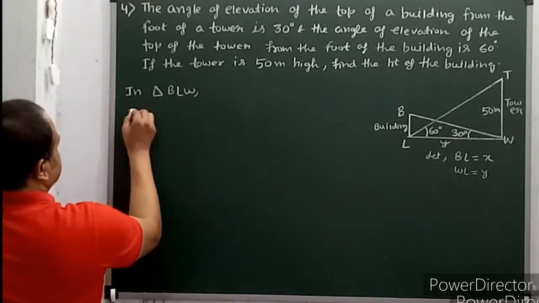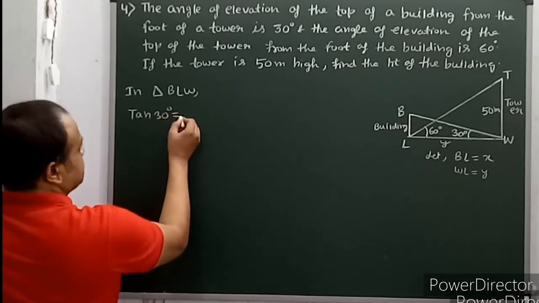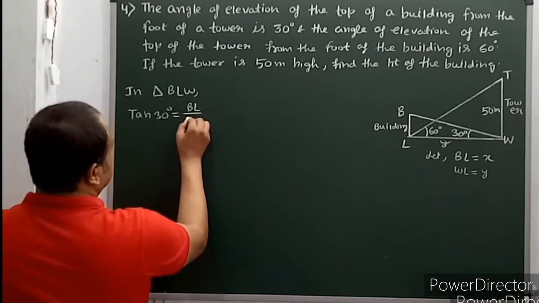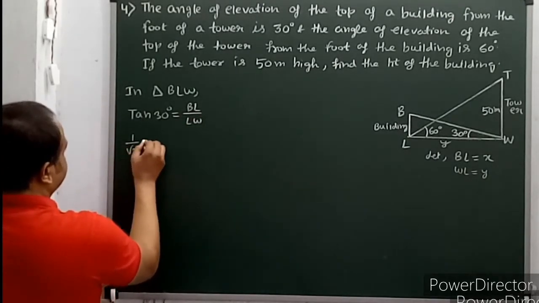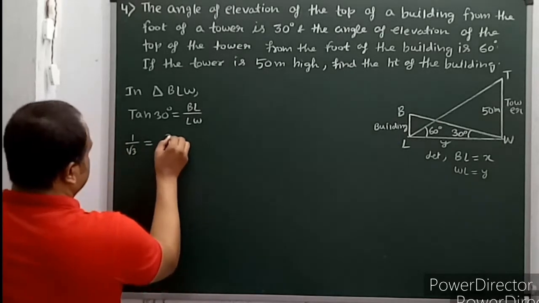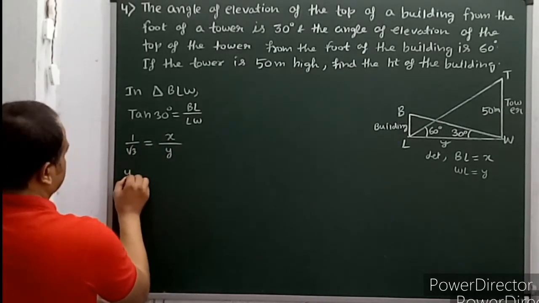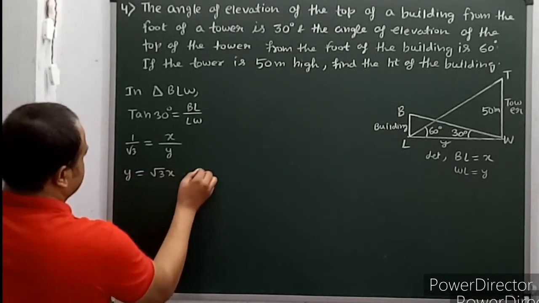What do we get? Tan of 30 degree equals to BL by LW. Tan 30 is 1 by root over 3. BL we have assumed as X, LW as Y. We get Y equals to root over 3x. This is equation number 1.